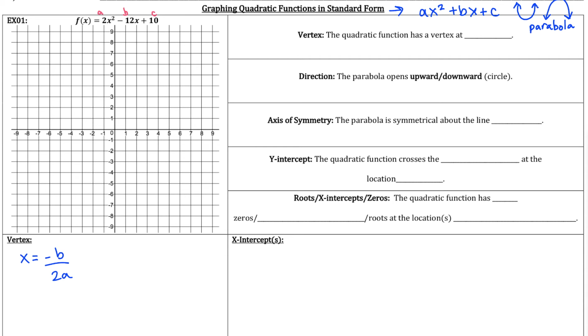And then I'll put a negative, and then the b, which is negative 12, and then we'll put it over 2a. And my a is positive 2.